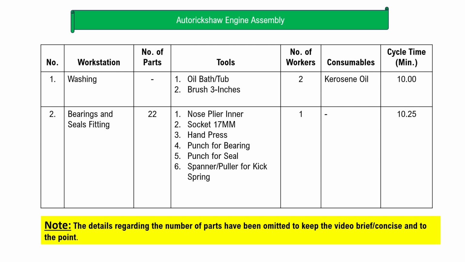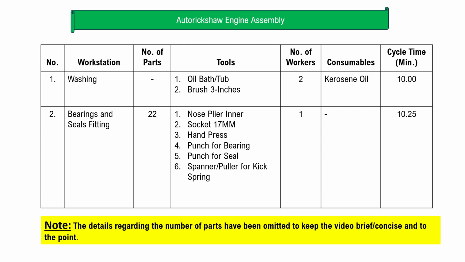Number 2 workstation. Over here we shall assemble bearings and seals fitting. The total number of parts involved are about 22, and the tools required are nose plier, socket, a small hand press, punches, and spanner and puller for kick spring.